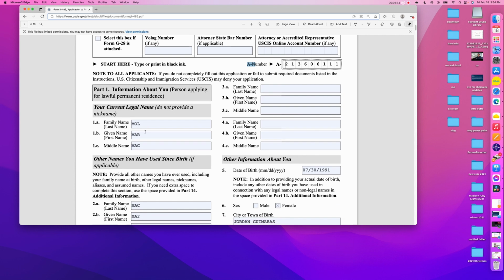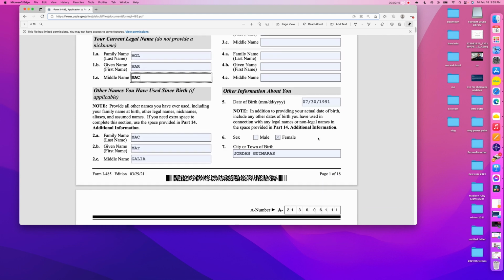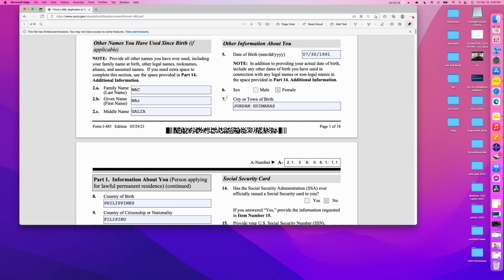So this is my name, given name, of course your middle name, and then other names you have used since birth. So this is my name when I'm still single, and the first one is my name now that I'm married. Okay, so next is other information about you, your birthday, of course, you know that, and then check female and your city or town where you were born.